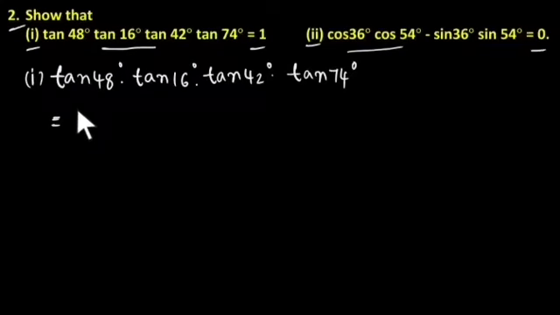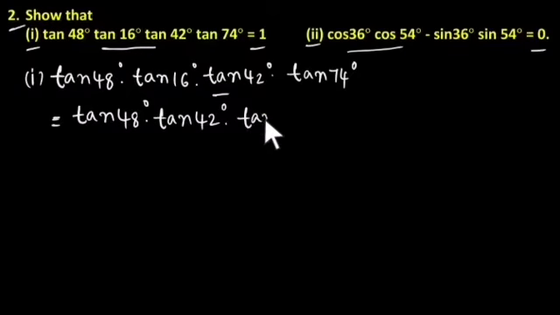Now keep tan 48 as it is. We are going to do a little bit of rearrangement here. Bring this tan 42 here. Next write tan 16 and the last tan 74.